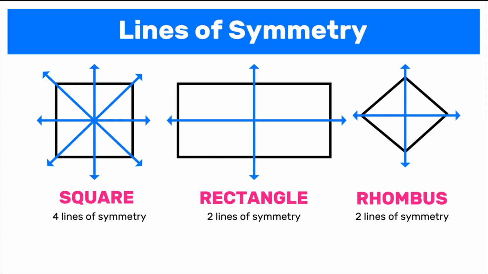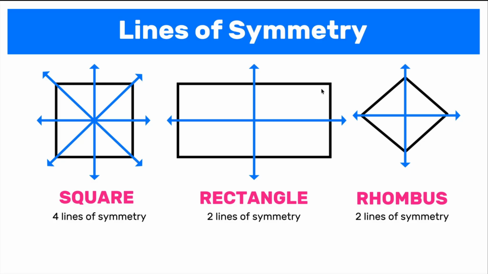And then a square, of course, has four lines of symmetry. It has one from each corner, so one going diagonally this direction, one diagonally this direction, one from top to bottom vertically in the center, and one horizontally. A rectangle has two, vertical and horizontal.